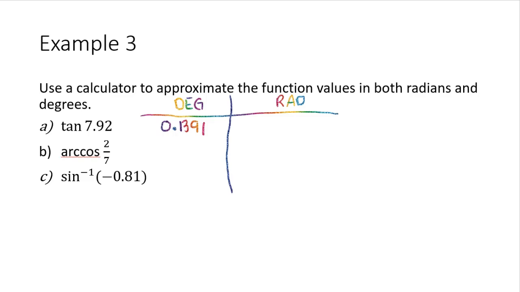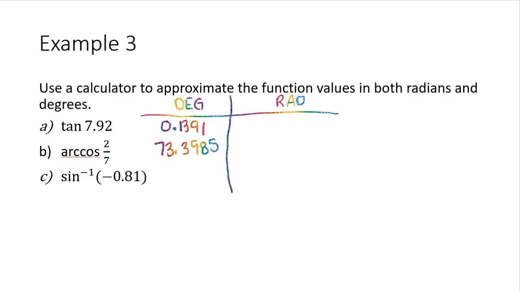Part B is asking for the arc cosine. That's the inverse cosine. So we're going to do second, and then cosine, and then 2 over 7, and we're in degrees. This gives me 73.3985.